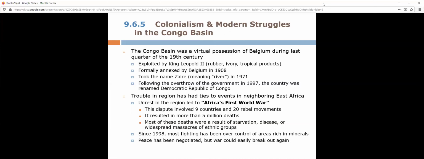King Leopold II was the ruler of Belgium at the time, and the stuff King Leopold II did to the people of the Congo was absolutely ridiculous. Taking the eyes out of children if their parents didn't meet quotas for rubber and ivory. Like, just the worst stuff happened.